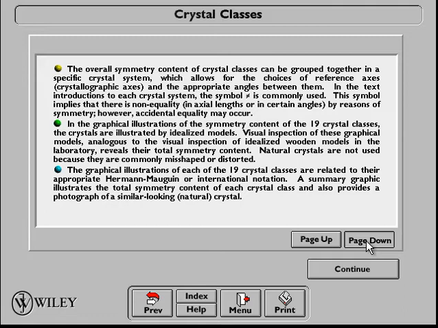A summary graphic illustrates the total symmetry content of each crystal class and also provides a photograph of a similar looking natural crystal. So these are the 5 points on how to handle this chapter, and I will now press the continue button.